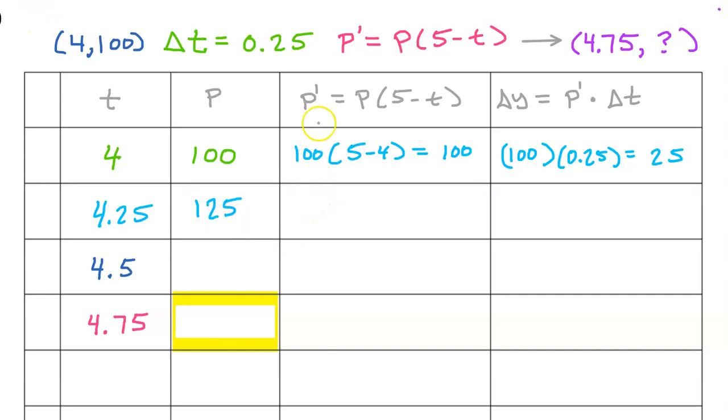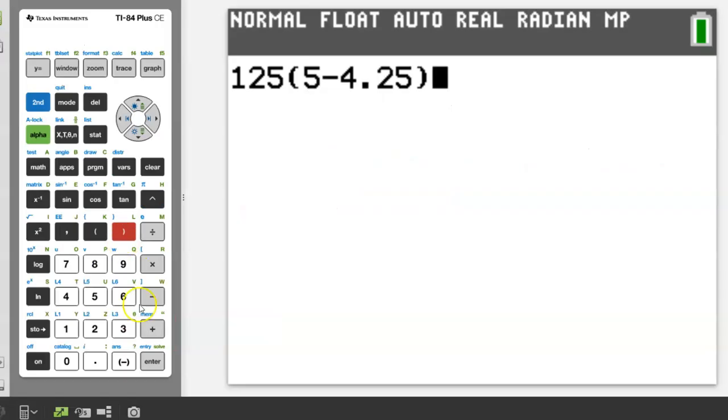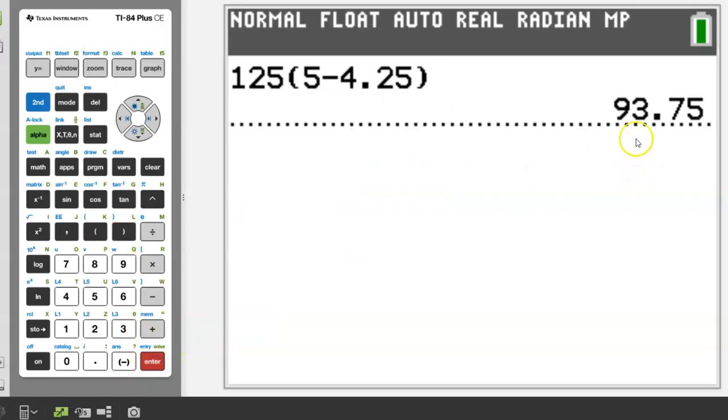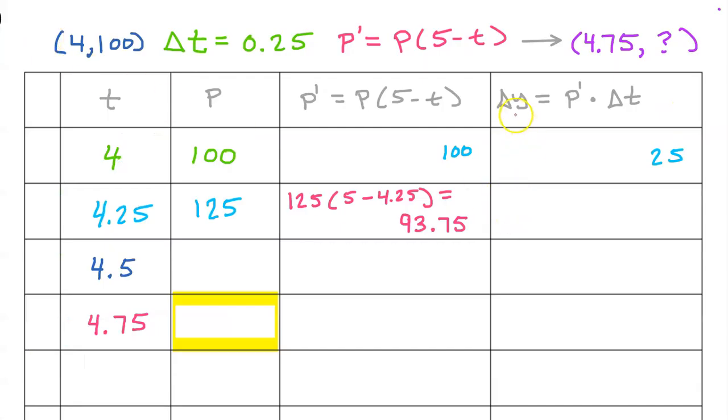Now let's do it again. P prime is p times 5 minus t. So that's 125 times (5 minus 4.25). That's 93.75. Next, delta y is p prime times delta t.